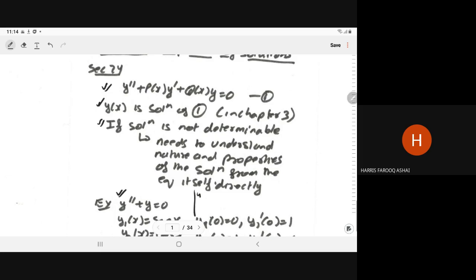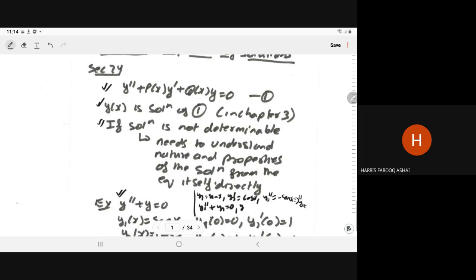If y1 is equal to sin x, then y1 dash is equal to cos x, and y1 double dash is equal to minus sin x. So these will give you y1 double dash plus y1 is equal to 0.